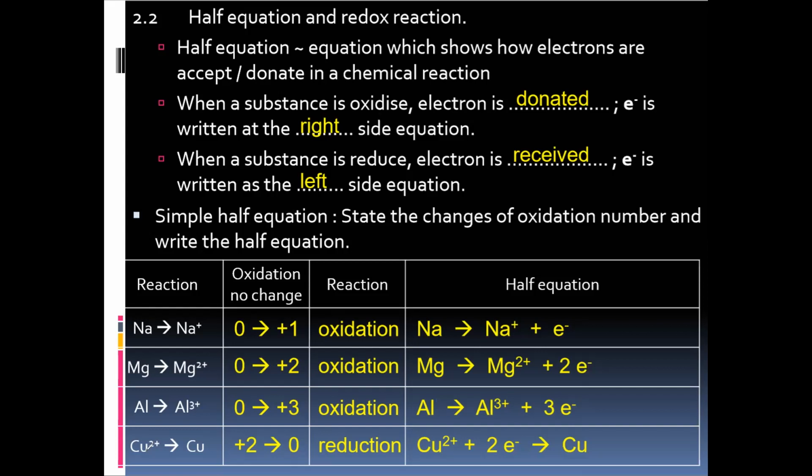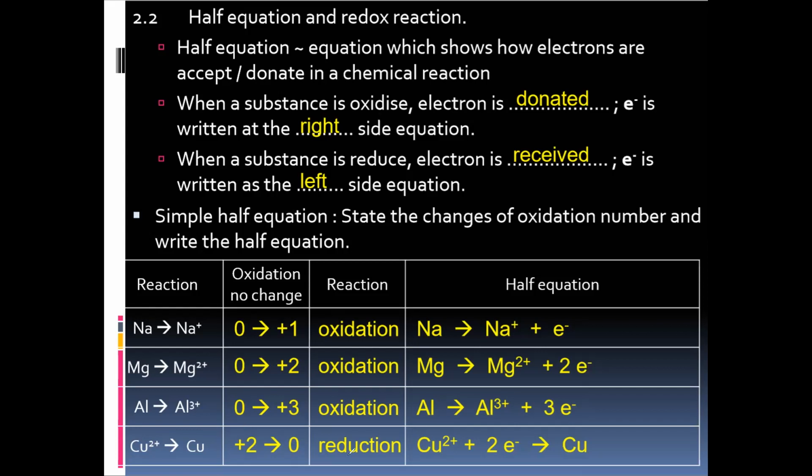So for copper, copper moved from 2 plus to 0. You can see this is a neutral atom, so it is 0. This is a charged molecular ion, and this is plus 2. So plus 2 to 0 is reduction because electrons are being gained. Also, you can see that it is moving from a higher number to a lower number.